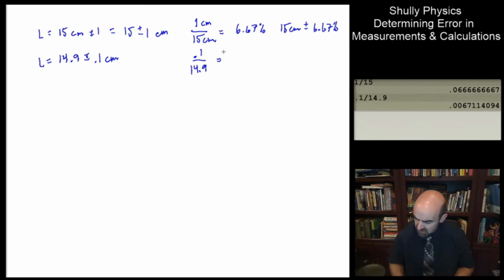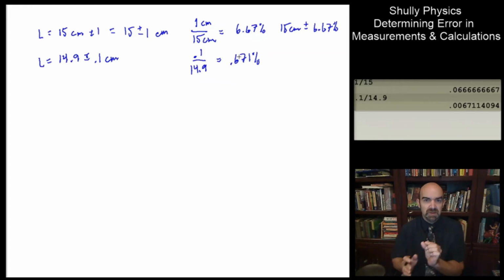And look at that, we get 0.671%. I'm using 3 digits there because I can measure to 3 digits for my measurement. I'm just keeping a percentage there. All right. So the smaller the increment that we can measure with our measuring instrument, the better.